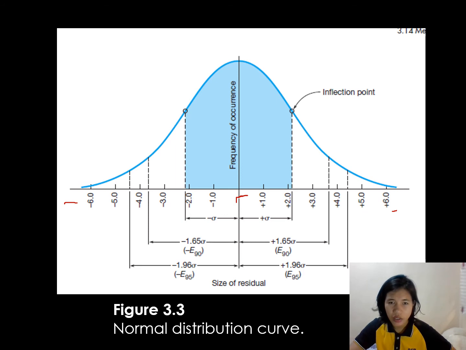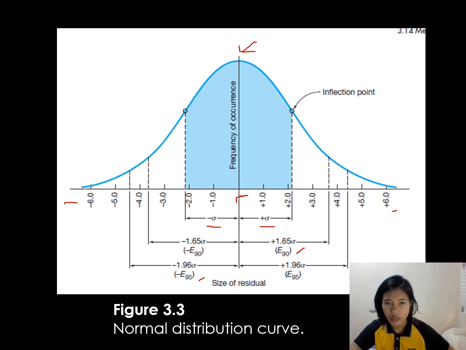So, makikita nyo the residual which is very close to 0, which means very close siya sa tina-target natin na value or pinaka-MPV natin, because yung difference niya sa MPV and yung individual na measured mo is almost 0, which means malapit mo nang ma-target or accurate yung data mo, high yung kanyang interval. So, high yung 14 kanina. So, 14 measurements are closer to this value. So, nakikita nyo this sa baba, we have E90, we have E95, we have the sigma, this is our sigma.